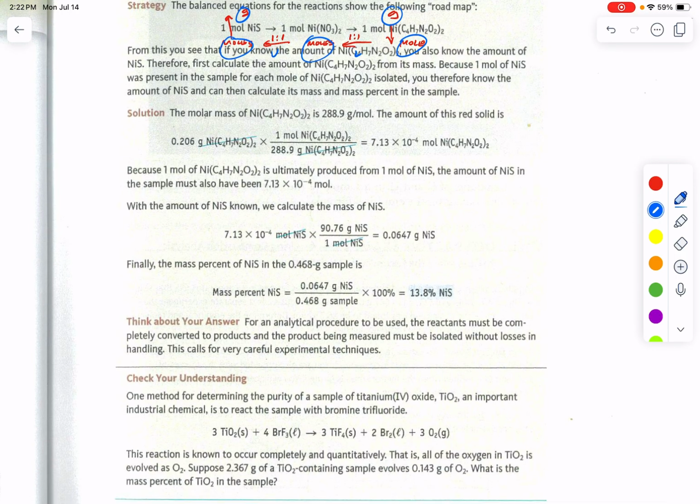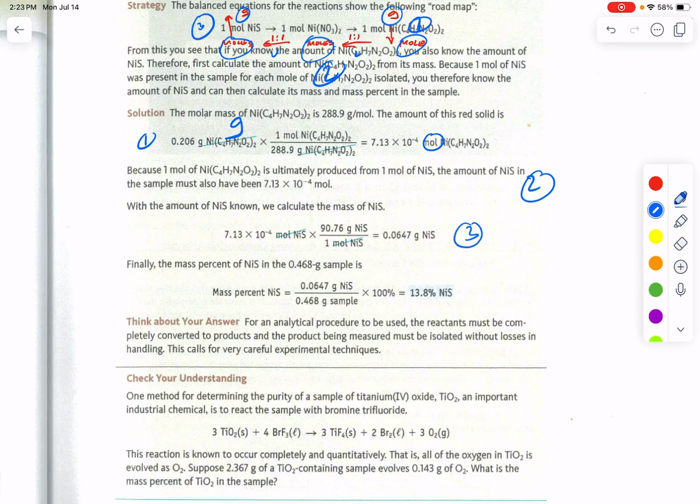And of course, you would do this in one straightforward dimensional analysis problem rather than break it down into details like they're doing here. Here's where they're going from grams to moles, which is this step up here, step number 1. And then they're doing their 1-to-1 ratio right here. There's the 1-to-1 ratio part right in here. And then in part 3 is where you go from moles up to grams, right up there.